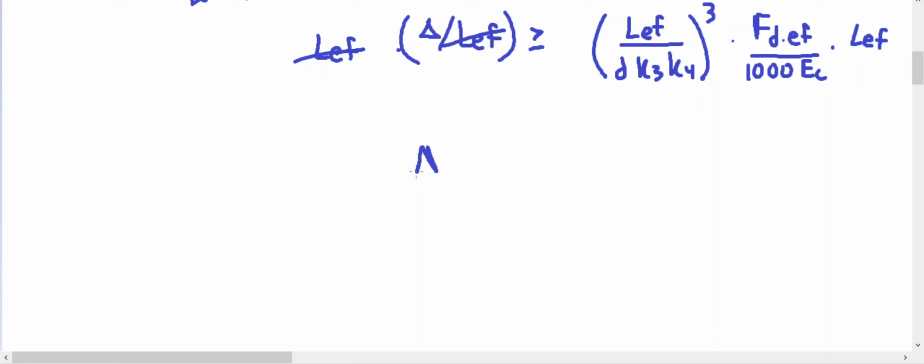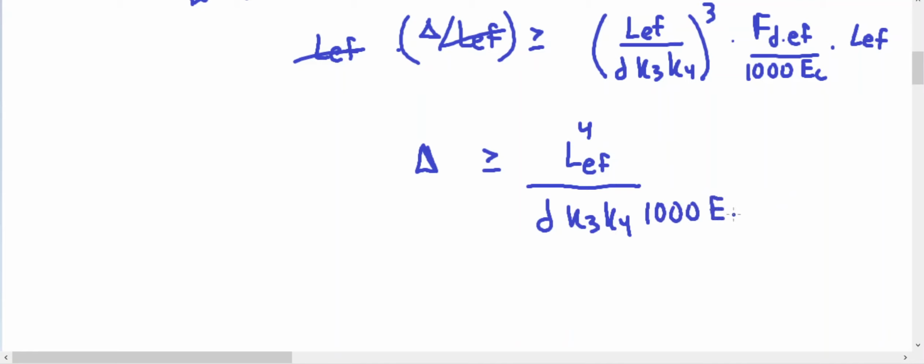So our final result could be delta is greater than or equal to LEF to the 4 all over D, K3 K4, 1000 EC, and the numerator is still FD.EF.